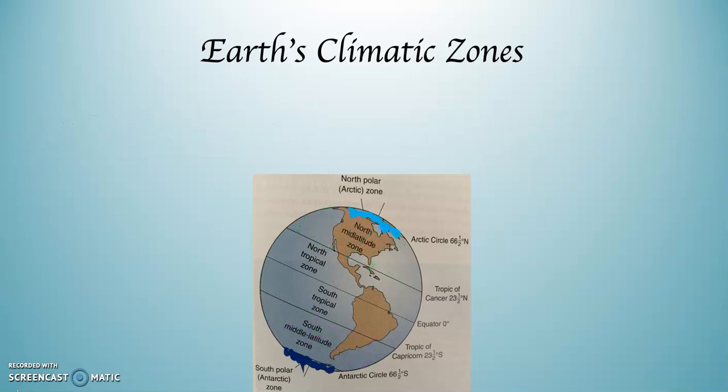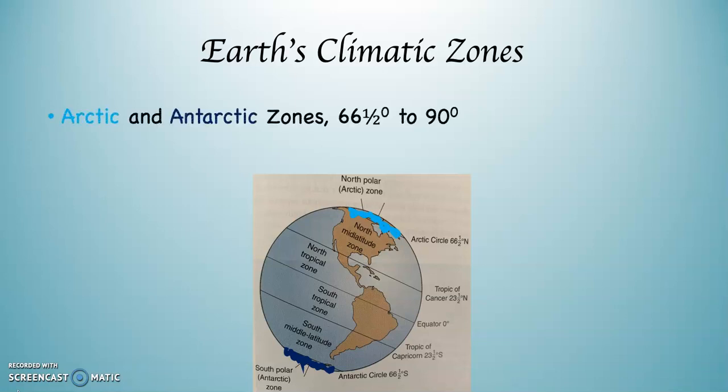The last two zones, one in the northern hemisphere, one in the southern hemisphere, are found from 66.5 degrees north to the North Pole and 66.5 degrees south to the South Pole. These are the Arctic and Antarctic zones. The Arctic zone is the one in the north, from the Arctic Circle to the North Pole at 90 degrees north.